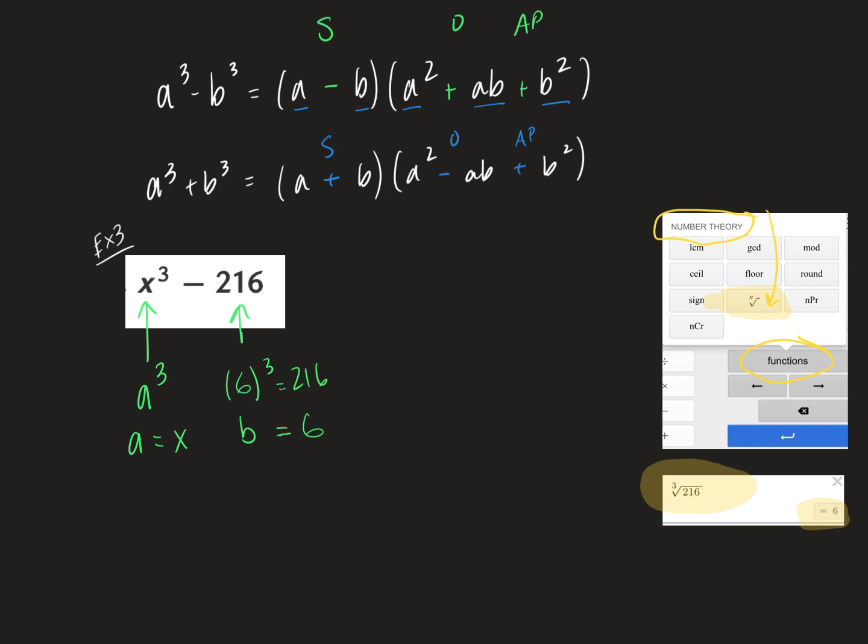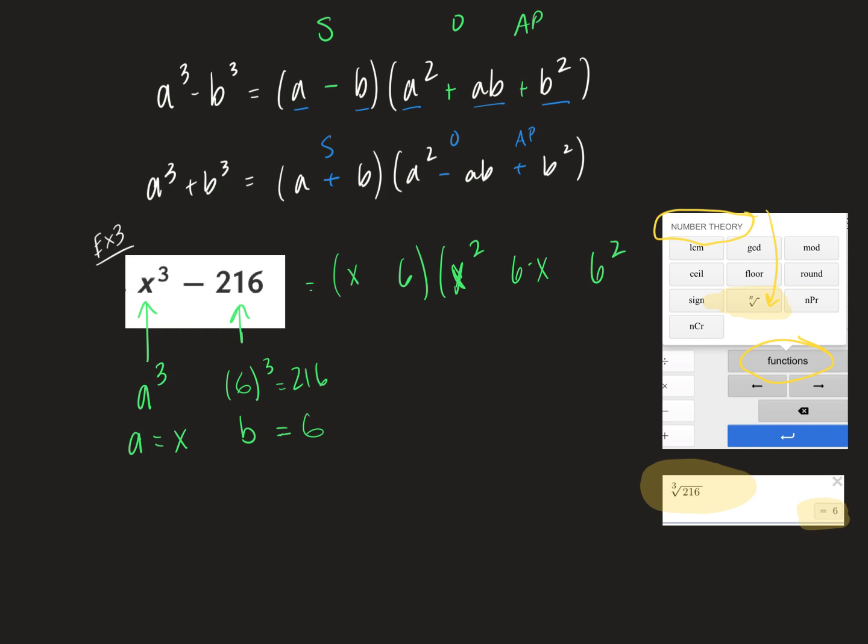Okay, so now I'm going to go back up here, and I'm going to go a, which is x, b, which is 6. Then I'm going to go a squared, which is x squared, minus a times b, which is 6 times x, plus, oh, sorry, we don't know if it's minus. Just kidding. Then b squared, which is going to be 6 squared. Now let's go back in and figure out our signs, okay?